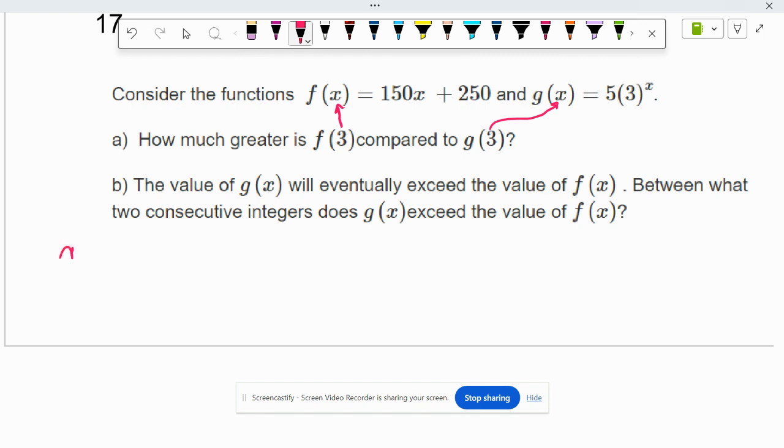So here's what our work is going to look like. For the f function, f of 3 equals 150 times what? What am I replacing the x with? A 3. So that's going to look like 150 times 3 plus 250.